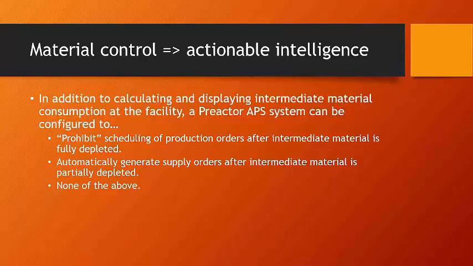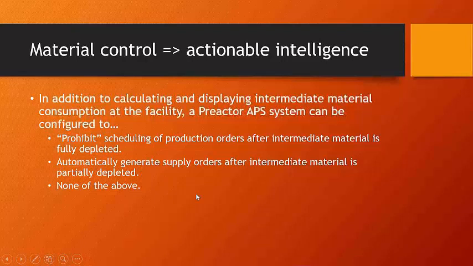Or maybe the organization says this is pretty important, but that upstream department is a little bit skeptical of Preactor. So until the downstream department has been using it for a few months, and until they have really demonstrated, yeah, this is a system that we have confidence in, we're not going to extend the functionality, and we're not going to configure either of these.